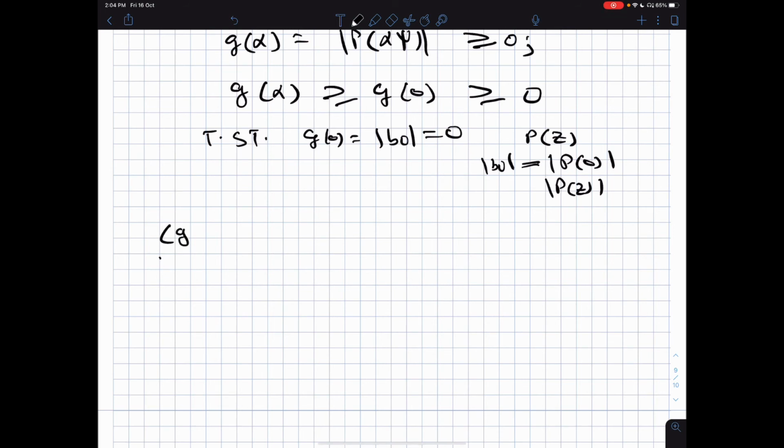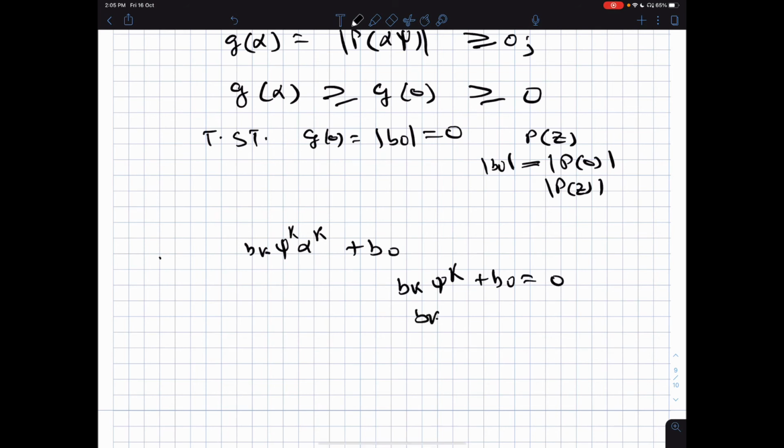So g of alpha can be written as, I'm going to use this fact that b_k psi to the power k plus b naught is equal to 0.